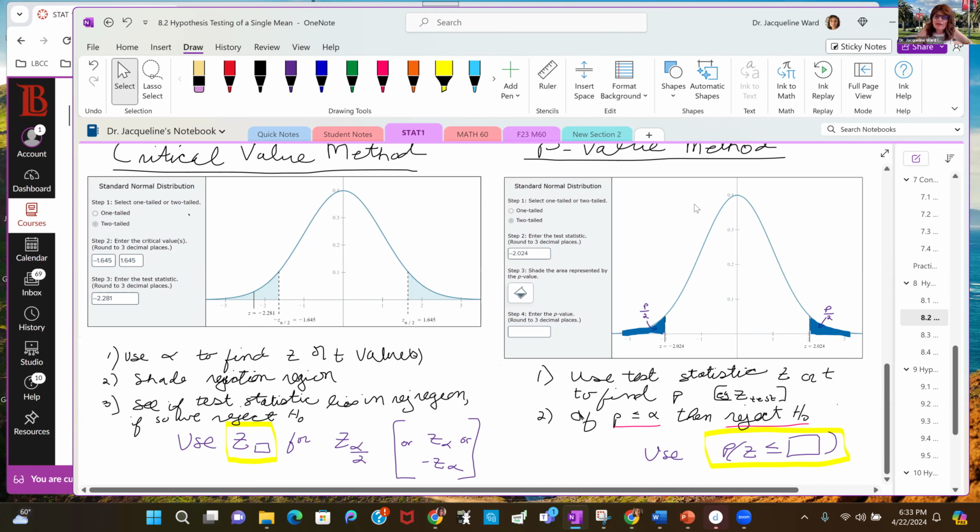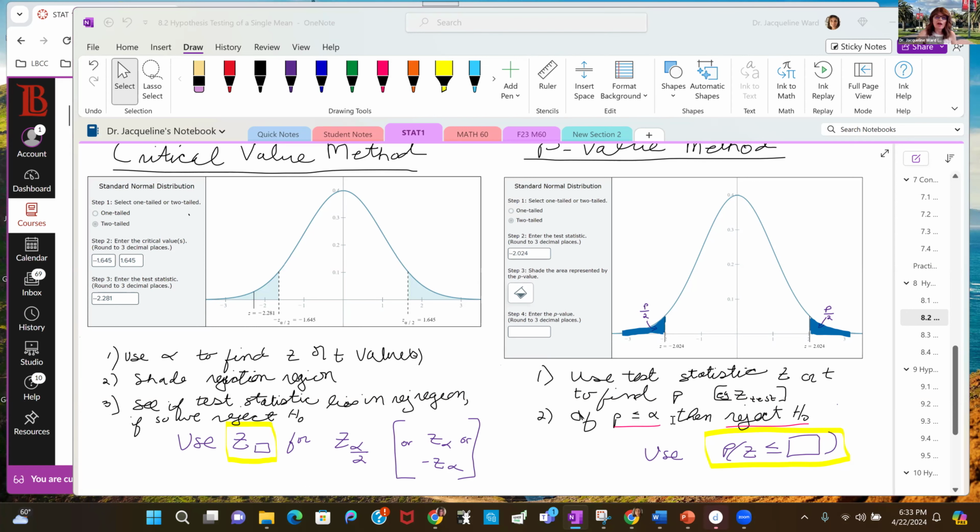And then for the p-value method, there's that same basic idea where we write a null hypothesis, an alternative hypothesis, and take a sample and so on. And now you use a test statistic, either Z or T, to find that P value. And then if P is less than or equal to alpha, you reject the null hypothesis.